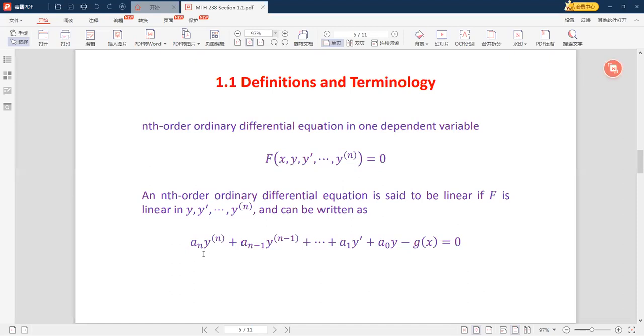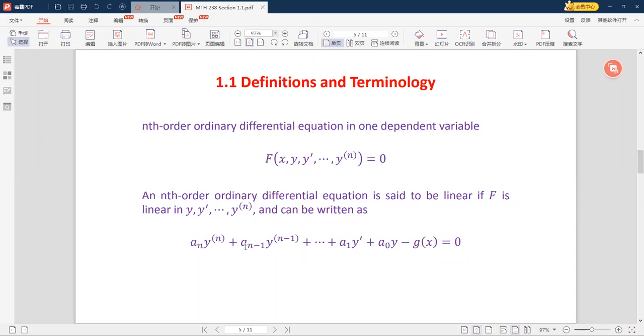We usually start with the term of the highest derivative of y, followed by the next derivative, the (n-1)th derivative, and so on, down to y prime and y, and then we may have some function of x only, without y.